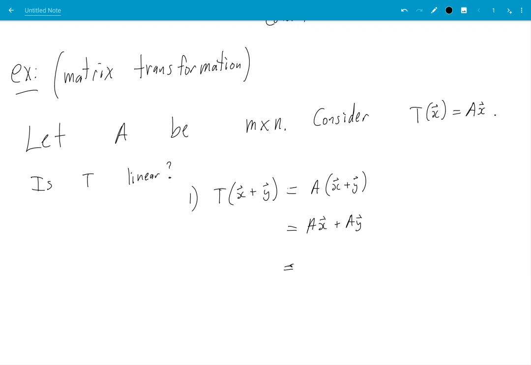And finally, well, look, what is this? Ax, that's Ax up here, right? So that's T of x. And A times y, that would be T of y, would it not? Yes, it would.